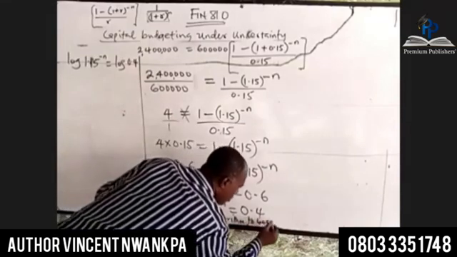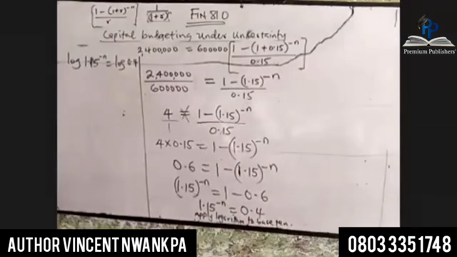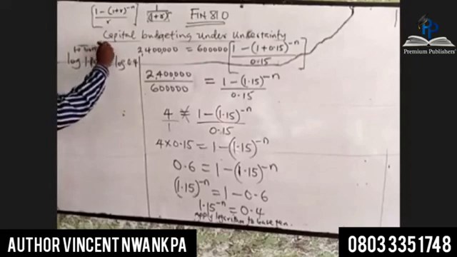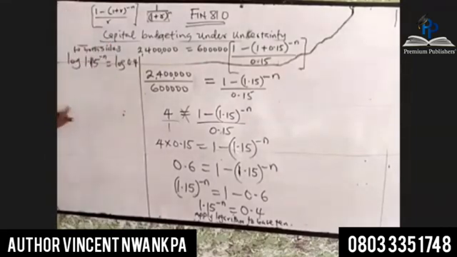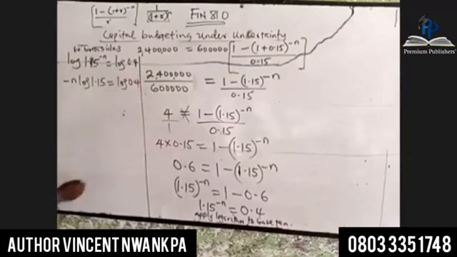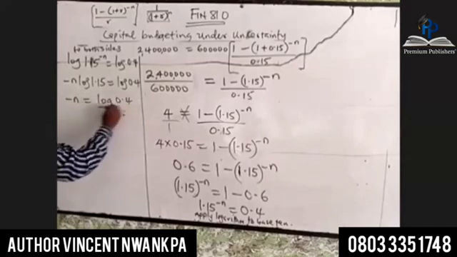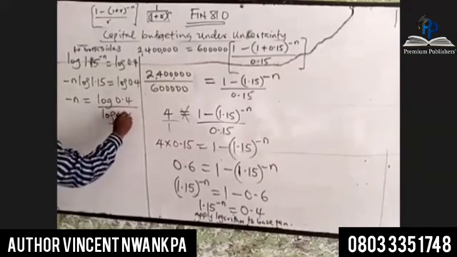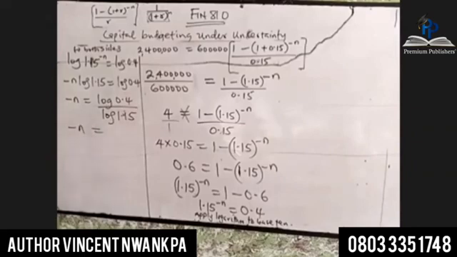So it's going to be minus n log 1.15 equal to log 0.4. And this will be minus n equal to log 0.4 all over log 1.15. And somebody can do some division there without stress.